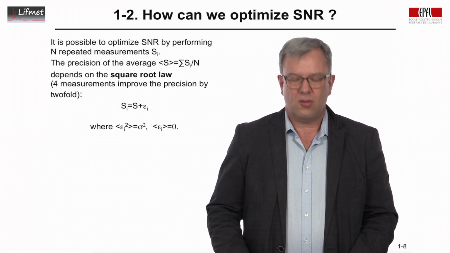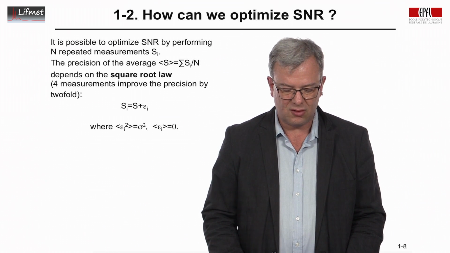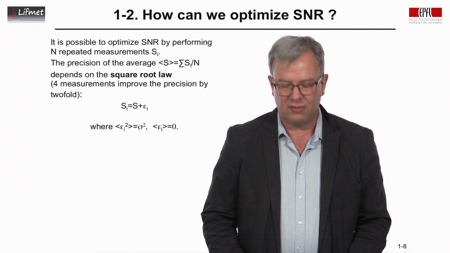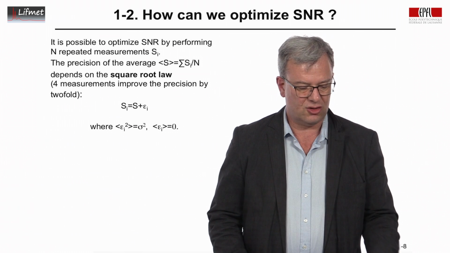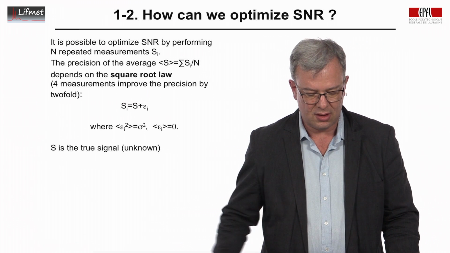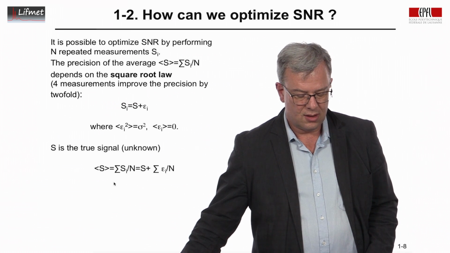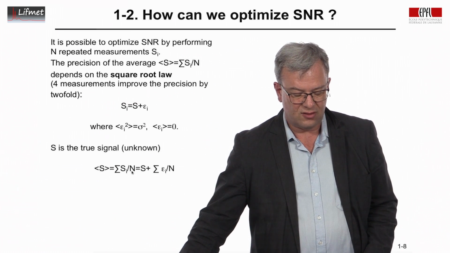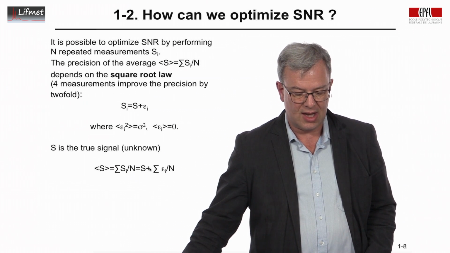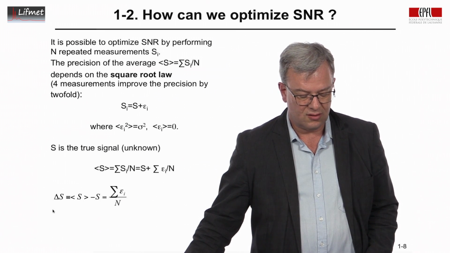The expectation value, so on average, of epsilon_i squared is by definition sigma squared, and the other thing that we introduce is that the noise has an expectation value of amplitude 0, so epsilon_i on average will average to 0, so it's not contributing to a systematic bias. Now S is the true signal, which for a moment is unknown. We have the average signal, which is the sum of S_i divided by n. This is equal to S, because it's n times S divided by n, plus the sum of epsilon_i divided by n. This is our average signal.